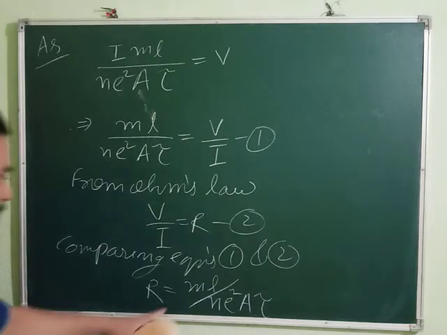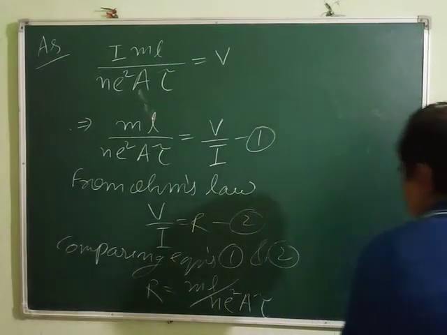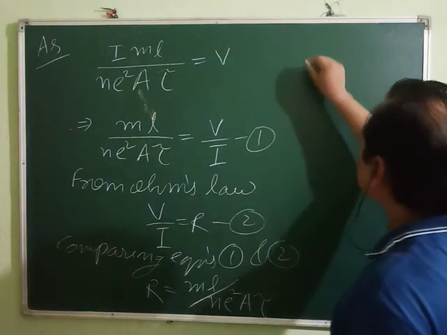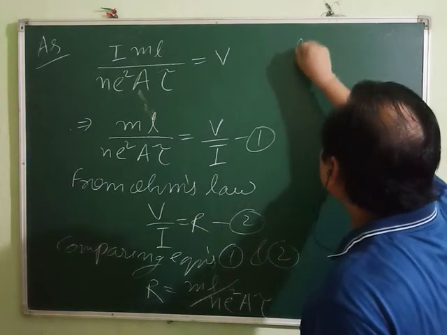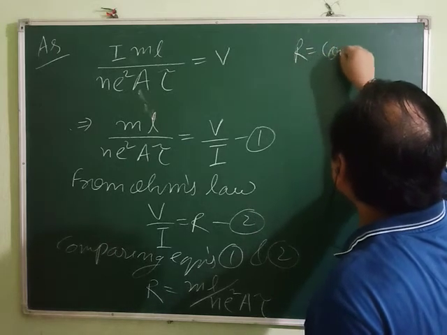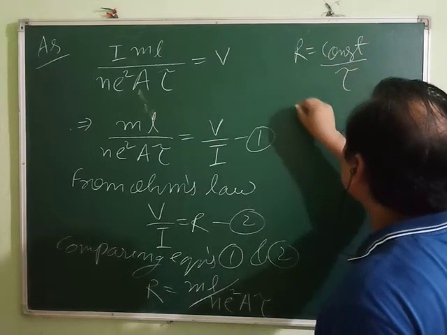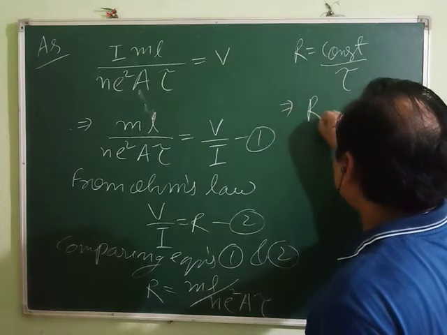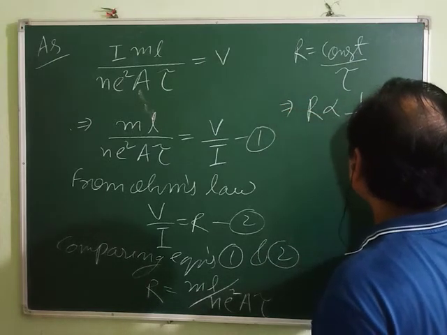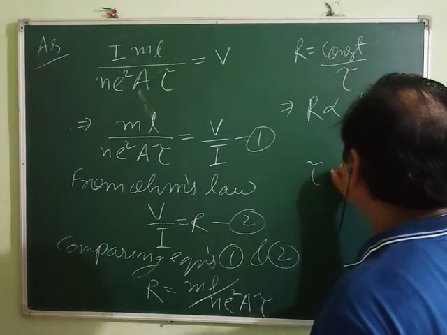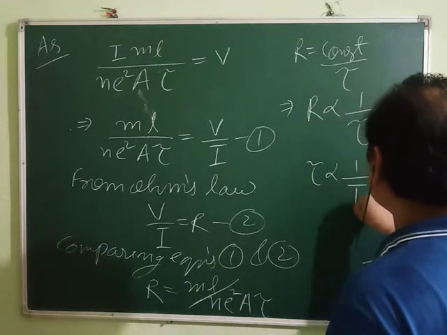Now from here, as we know, for a given conductor m, l, n, e square and A are constant. So we can write that R is equal to a constant upon tau. This implies that R is inversely proportional to relaxation time. We also know that tau is inversely proportional to temperature.